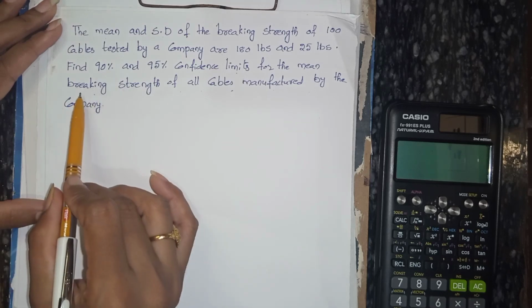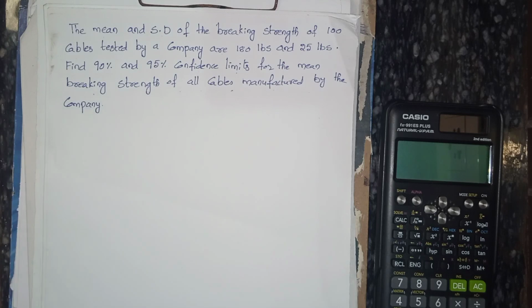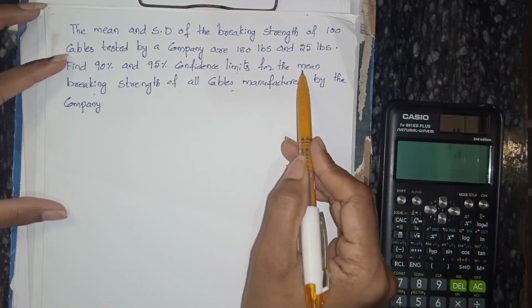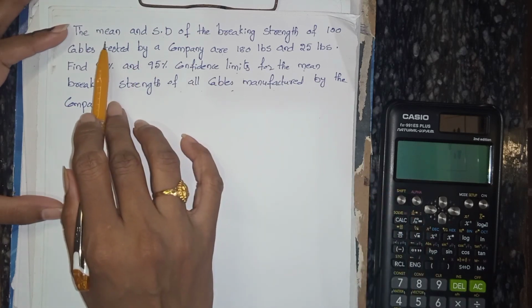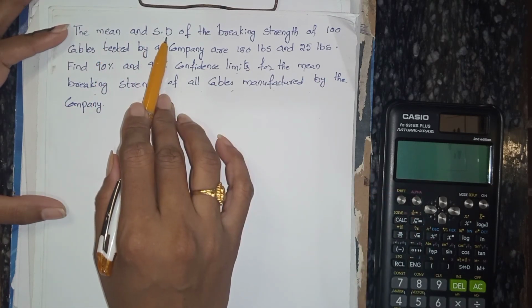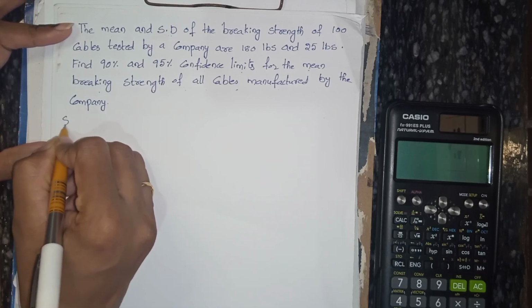So what they are asking us to find out is 90% and 95% confidence limits for the mean. That means a single mean, and they gave the mean and standard deviation. First we'll write the given values.